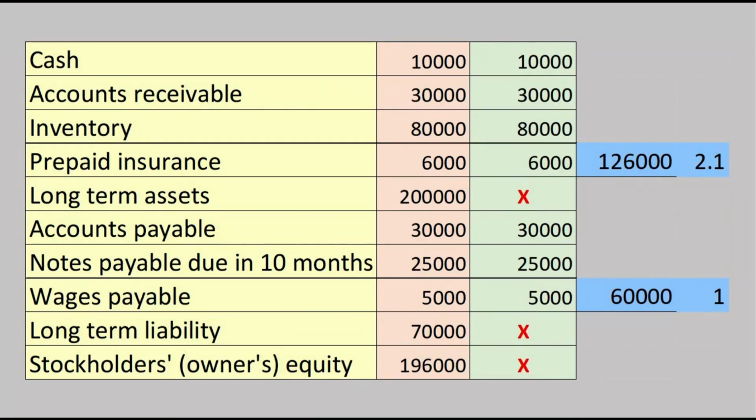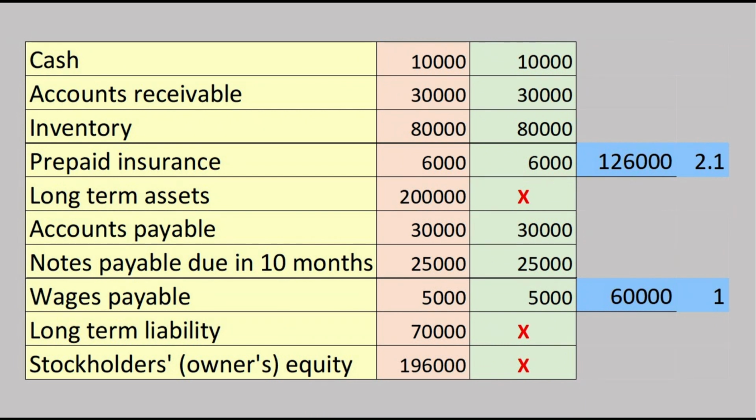Current assets: cash 10,000, accounts receivable 30,000, inventory 80,000, prepaid insurance 6,000. Total 126,000. Current liabilities: accounts payable 30,000, notes payable due in 10 months 25,000, wages payable 5,000. Total 60,000.